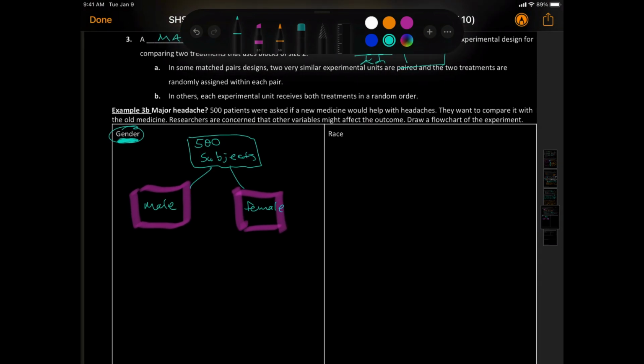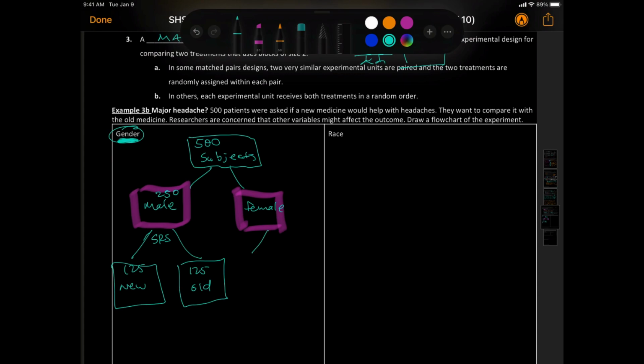And then within here, I'm going to do a simple random sample. You can do something like, if it was perfect, you got 250 males, and then 125 get the new headache medicine, and then 125 of them get the old headache medicine.